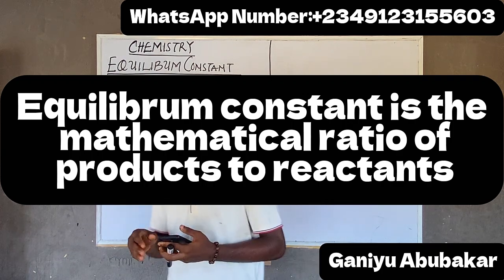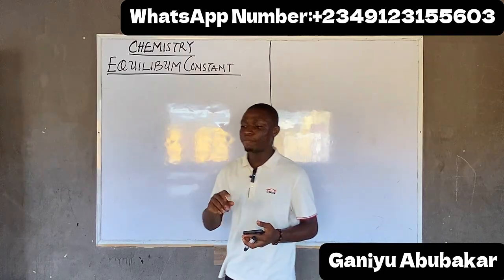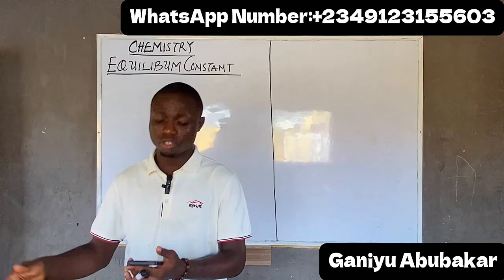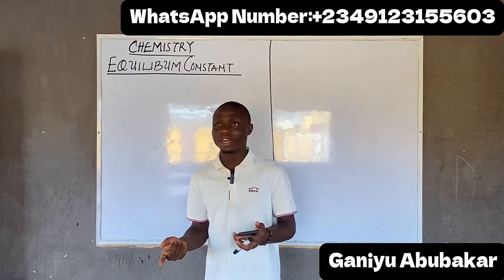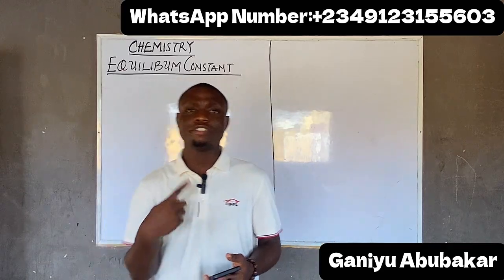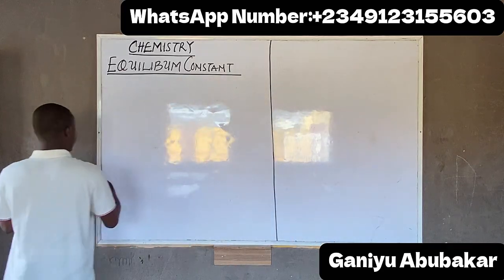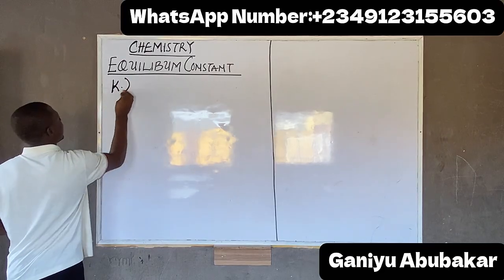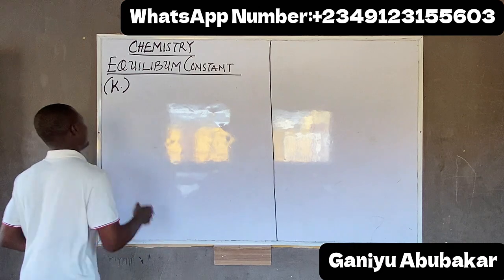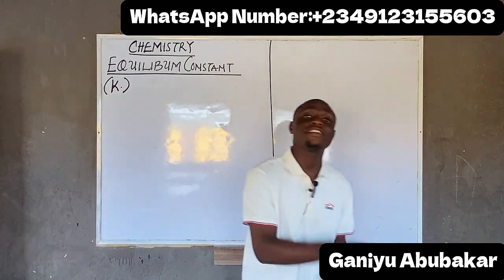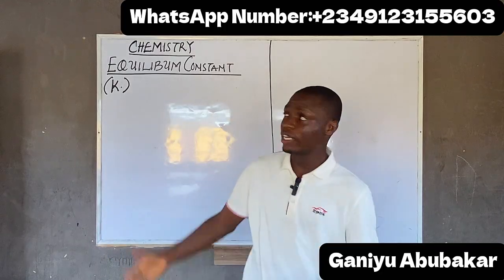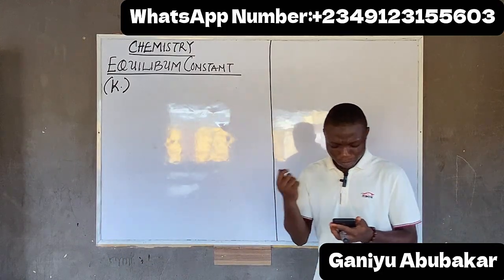So to define equilibrium constant, we said it is the mathematical representation of the ratio of product to reactant, and it is represented by K. So equilibrium constant is represented by a symbol called K, and it is the ratio of product to reactants. That is how you define the idea of equilibrium constant.